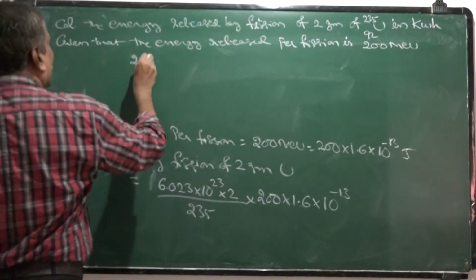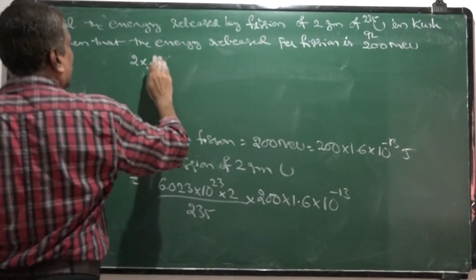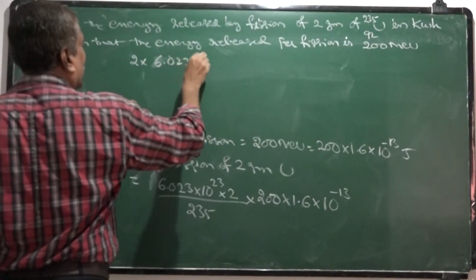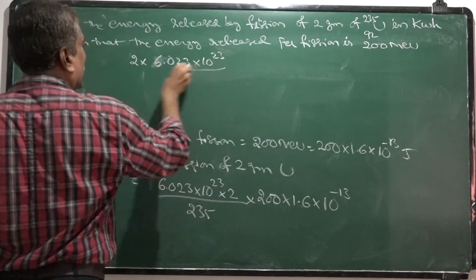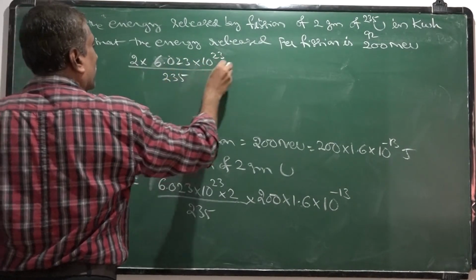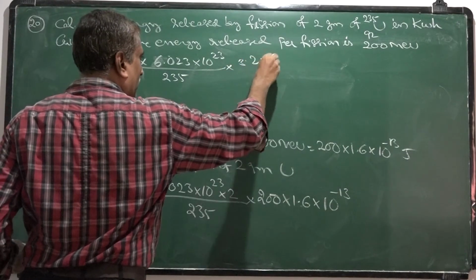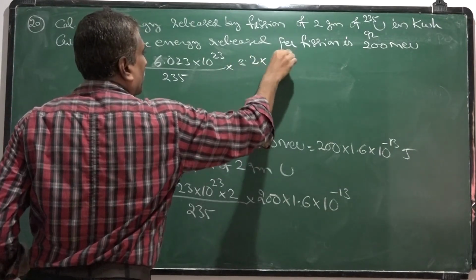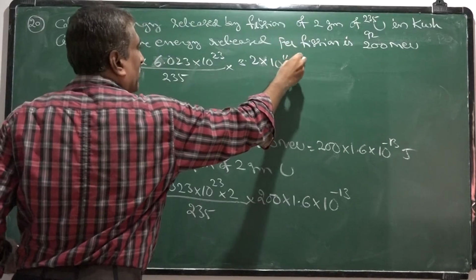And that is 2 into 6.023 into 10 power 23 divided by 235 into 3.2 into 10 to the power minus 11.